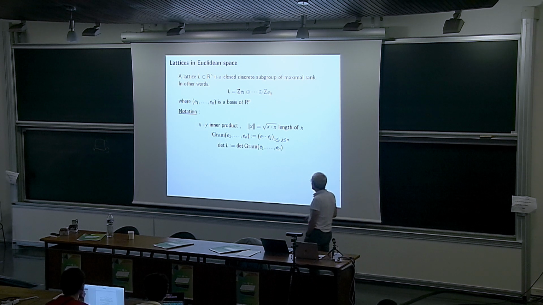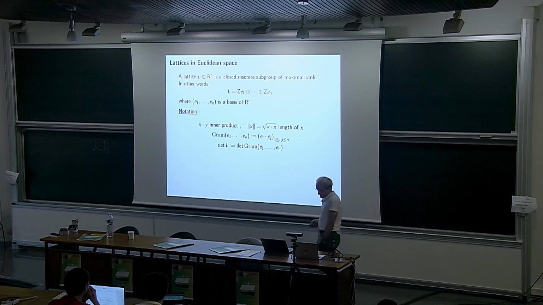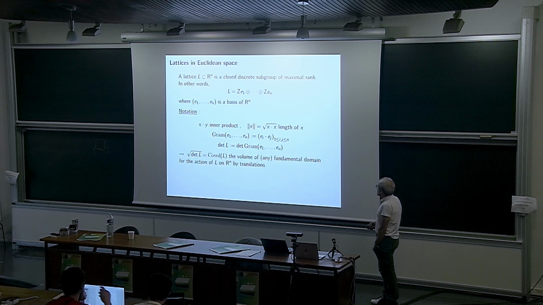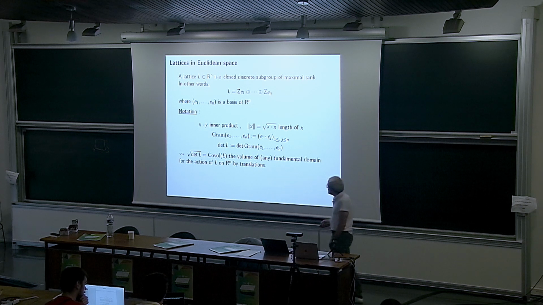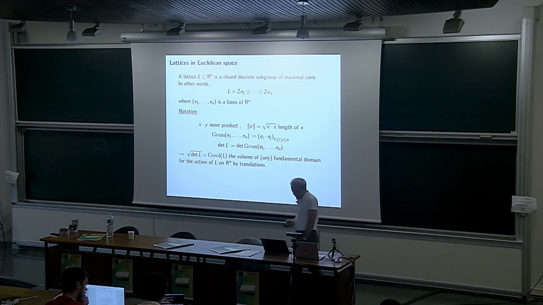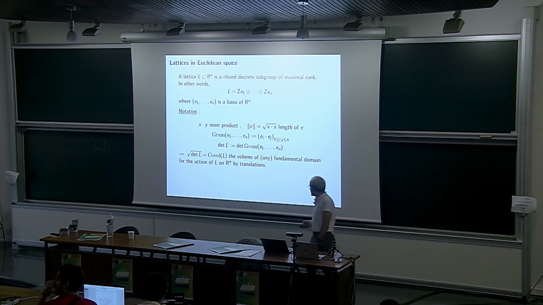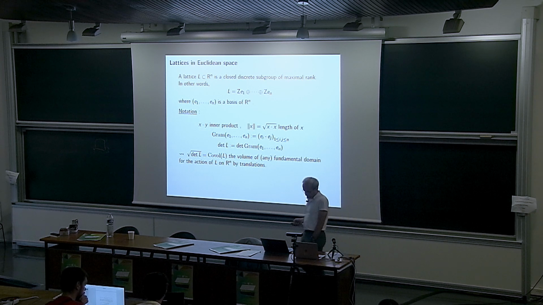The determinant of this matrix is what one calls the determinant of L. It does not depend on the choice of a Z basis, and it is equal to the square of the covolume of the lattice, that is the volume of any fundamental domain for the natural action of the lattice on the ambient space by translation.